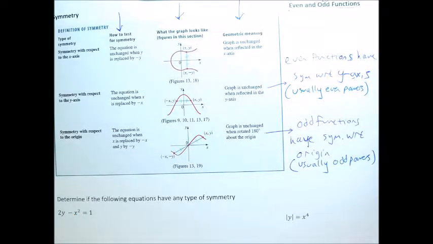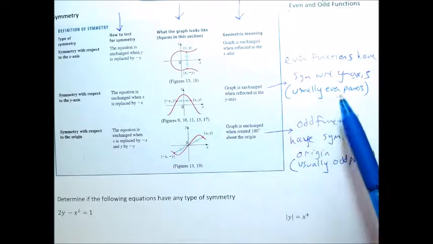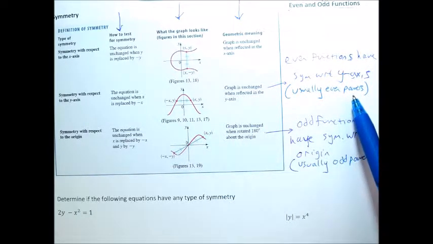All odd functions have odd powers, but odd powers don't necessarily mean odd functions. Same thing with even: if we have an even function, it will have even powers, but just because we have an even power doesn't mean we have an even function.